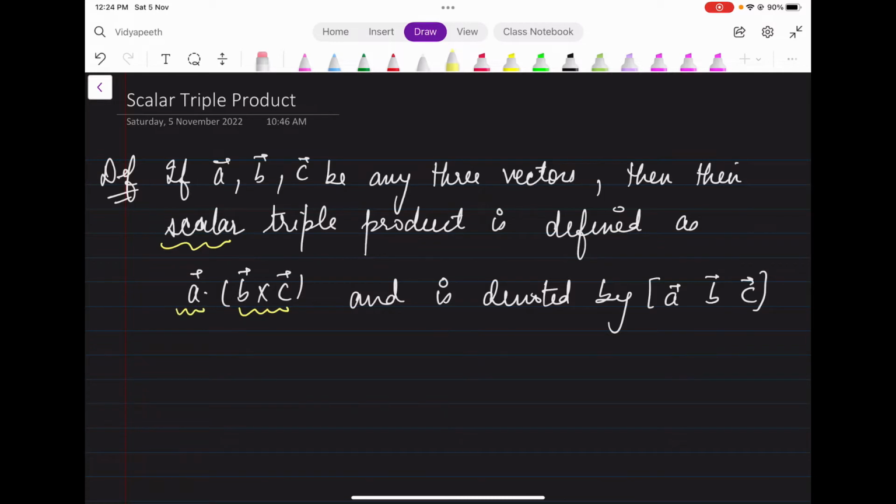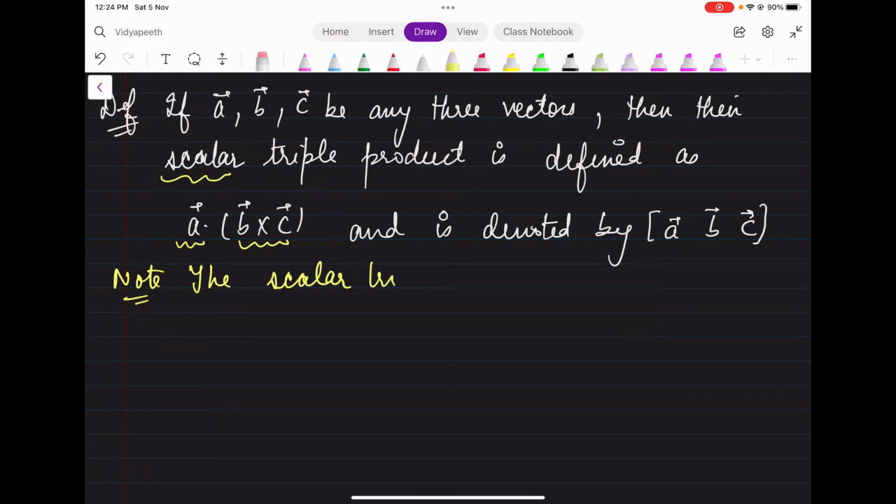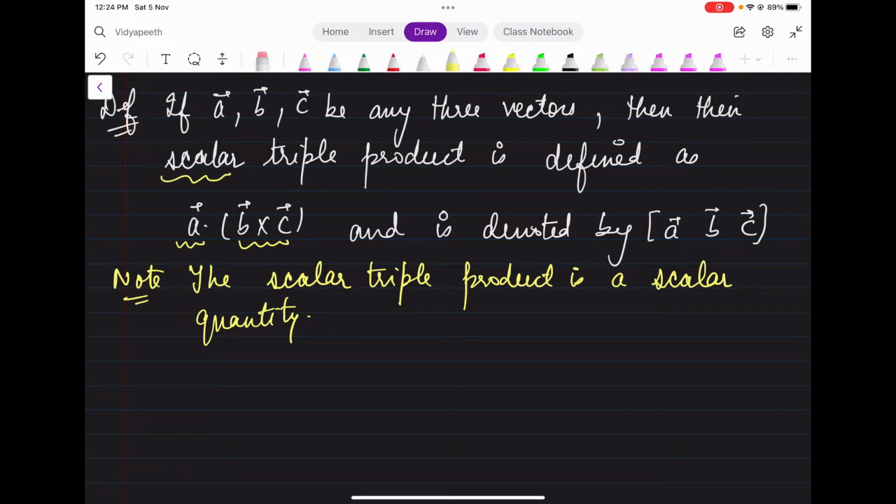A is already a vector, and the dot of two vectors is always a scalar. So make a note here that the scalar triple product is a scalar quantity, since the dot of two vectors is always a scalar.